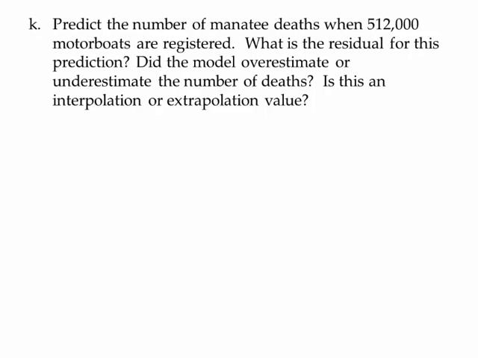We'll begin with the predicted number of Manatee deaths. If the number of motorboats is 512,000, what we're going to substitute in for our least squares regression line would be 512, because our units are 1,000.